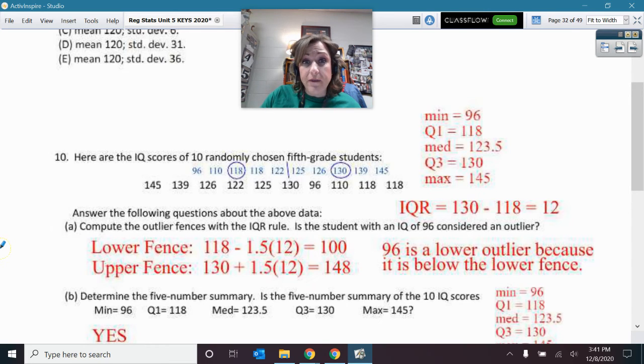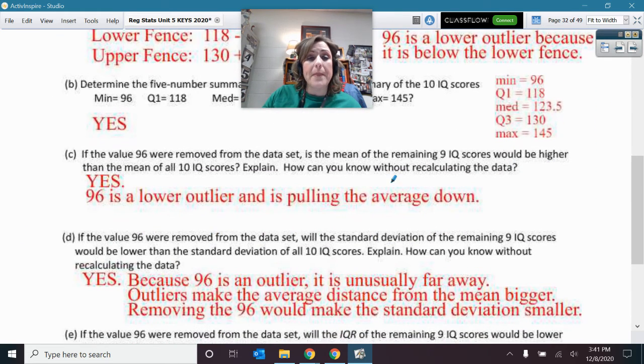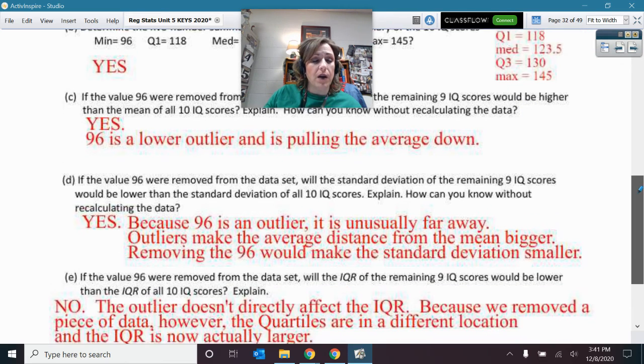What's that going to do to your average? It'll make it go back up. So removing a lower outlier makes the scores go back up, because that 96, that lower outlier, is pulling the average down. All right.